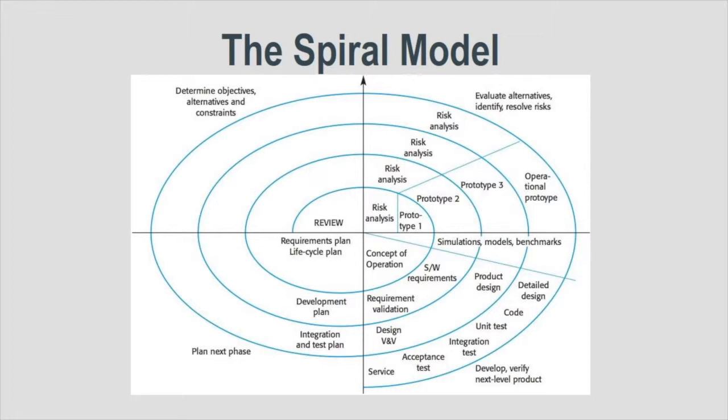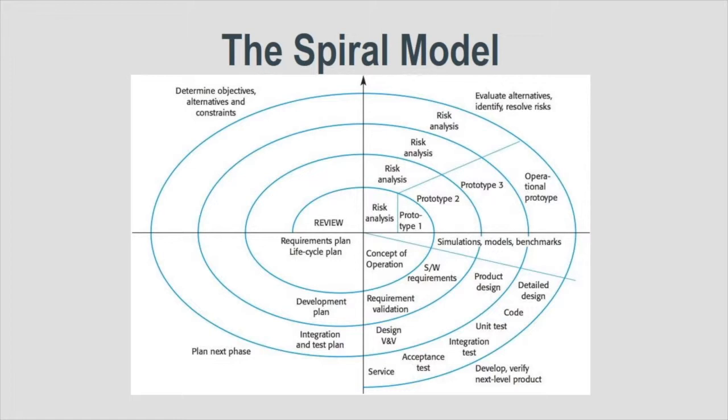The graph for the spiral model basically looks like a spiral, and that's also why this model gets its name. This model takes cues from the iterative model, but the difference is that they added risk analysis into each iteration. Another difference is that the very first iterations, probably the first and the second one, are just a very simple prototype, but not functional at all.